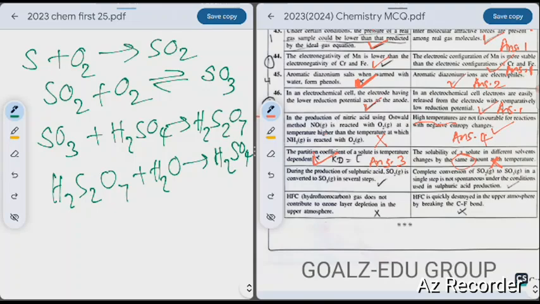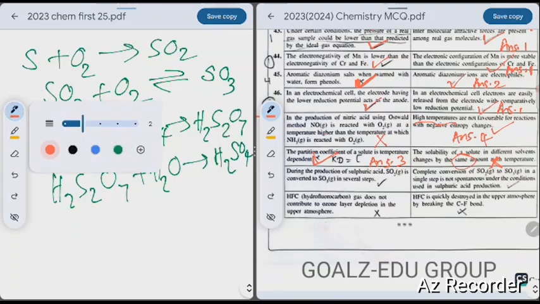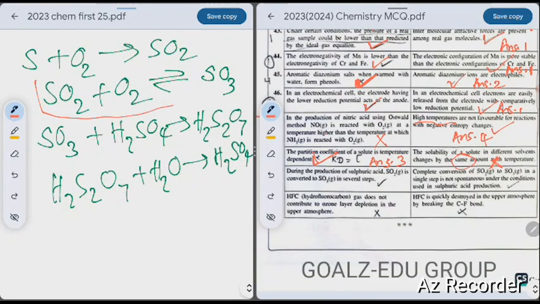So, these are the reactions which occur in the production process of sulfuric acid. This is the equilibrium reaction they are asking about: SO2 is converted to SO3 in several steps. As this is an equilibrium reaction, you might think it happens in a single step. No, it does not, because when SO3 is formed, more SO3 is there, so it will tend to move backward and favor the backward reaction, decreasing the rate.